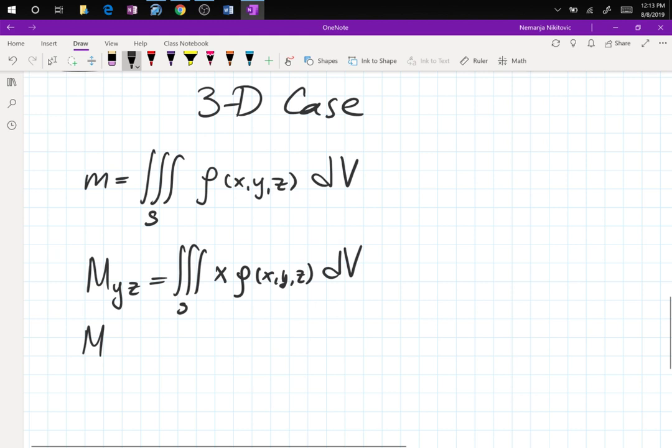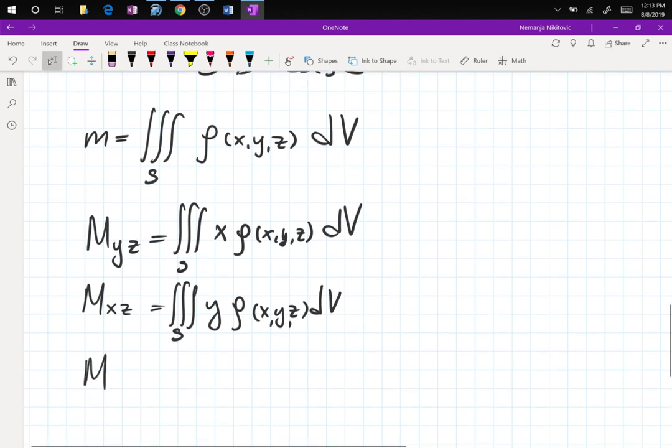Moment on xz, triple integral y rho xyz. And finally, moment on xy, triple integral over the region S of z rho xyz.